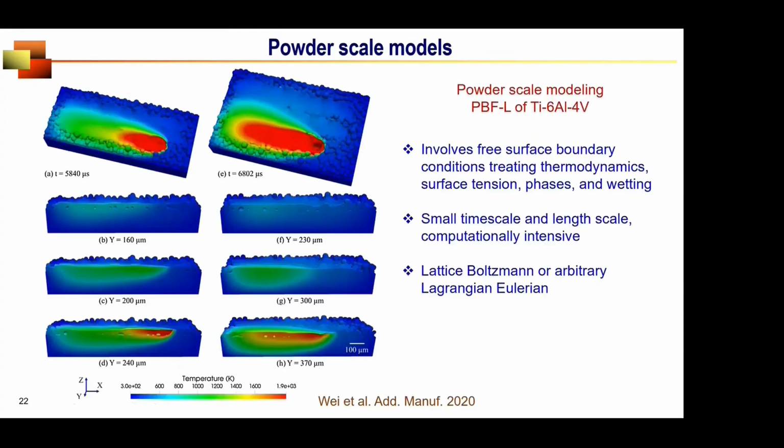The other types of models that are gaining traction is called powder scale model. Here, the time scale and the length scales are small. Time scales are shown here in microsecond, and length scales are of the order of hundreds of microns. You certainly cannot do calculations of part scale using the powder scale models.